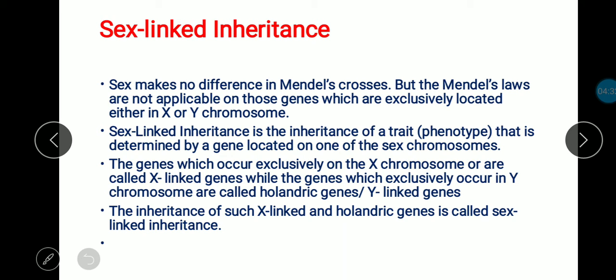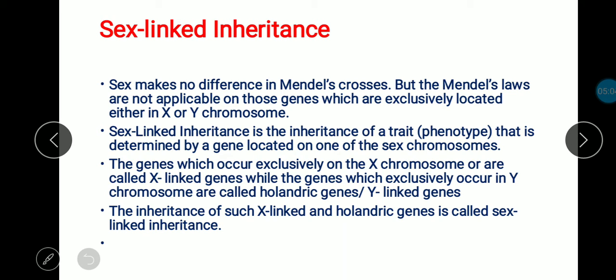Sex makes no difference in Mendel's crosses, but Mendel's laws are not applicable to those genes which are exclusively located on the X or Y chromosome. Sex-linked inheritance is an inheritance of a trait that is determined by a gene located on one of the sex chromosomes.